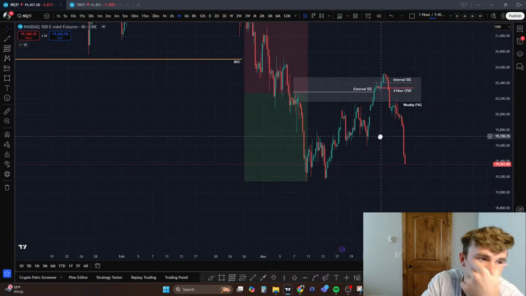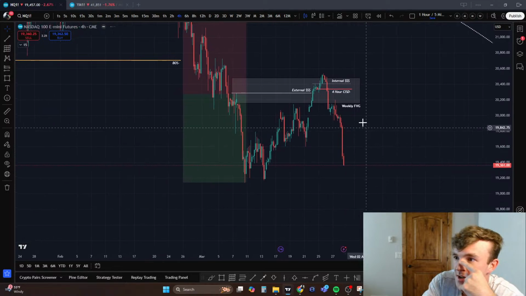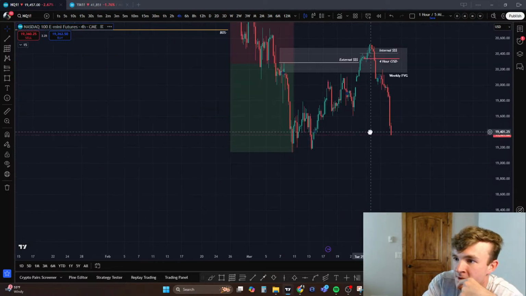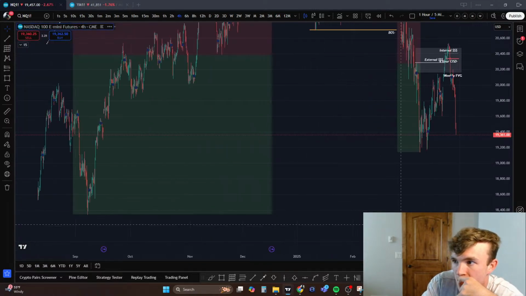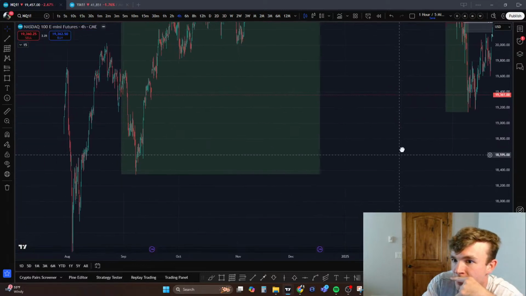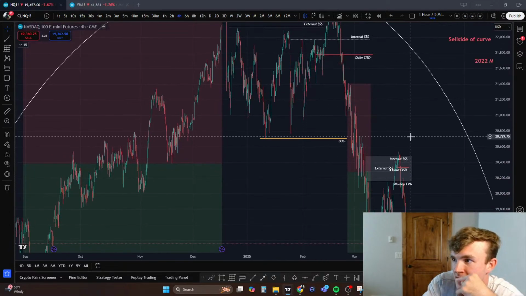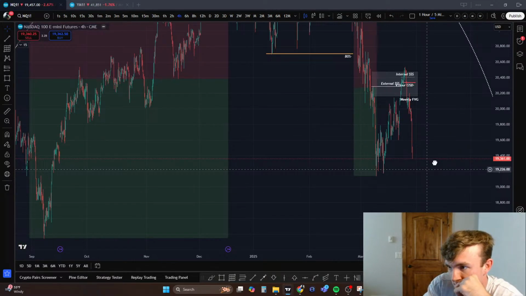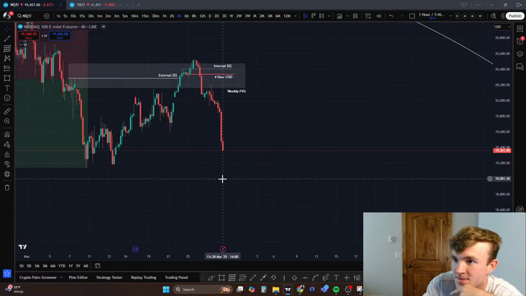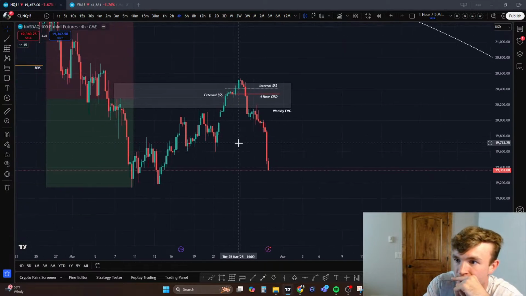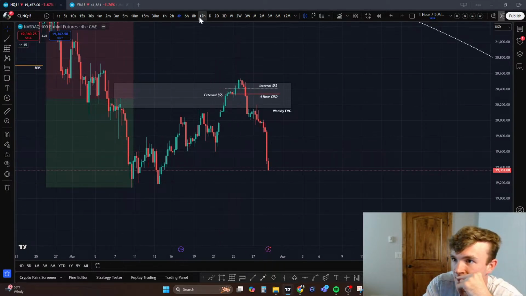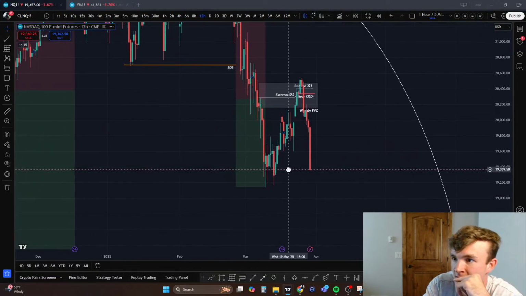I think it's most likely that we're delivering lower. I know we have the RTH gap there, but from a higher time frame point of view, the market seems like it's ready to deliver lower. I don't know. This is something where I'm not so sure, but I'll take it. We'll just have to mark something out.